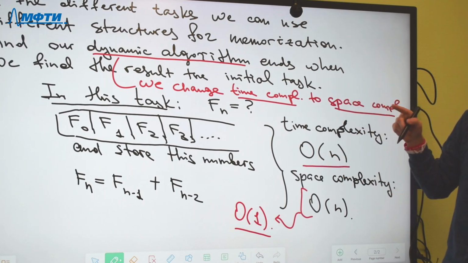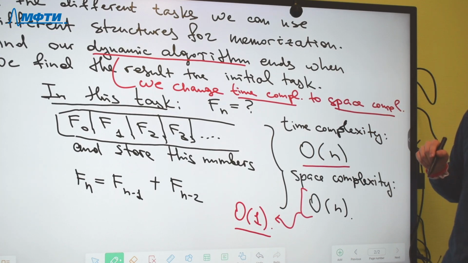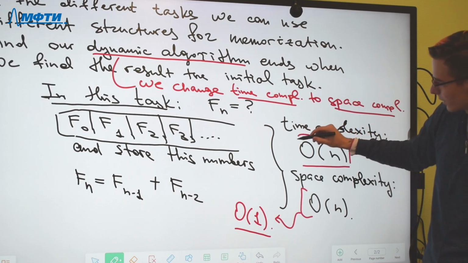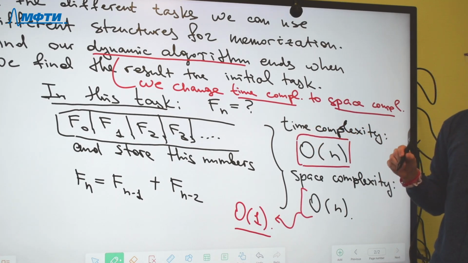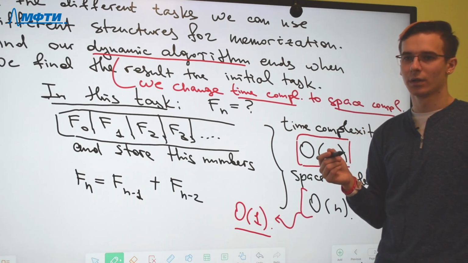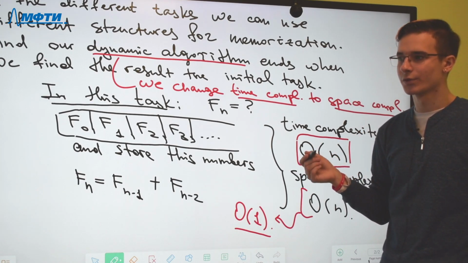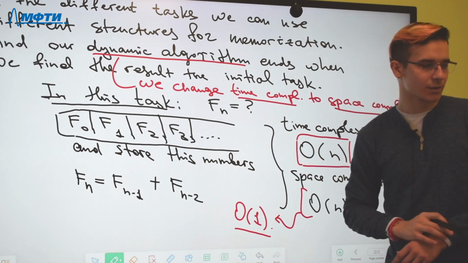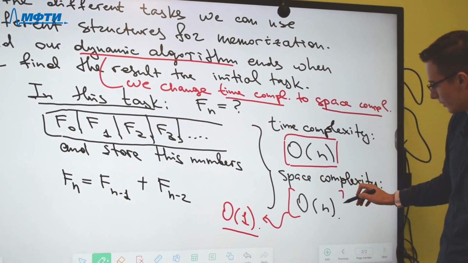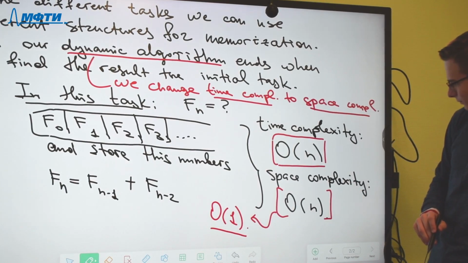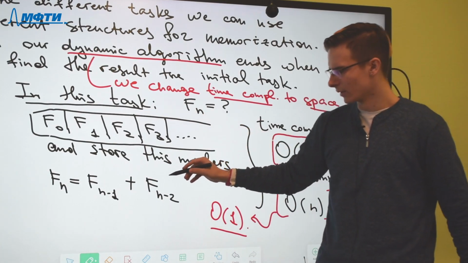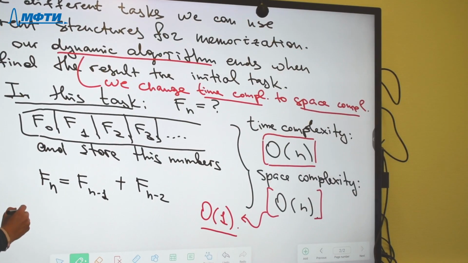But in the next task we see that we can improve the time complexity and get the speed up, but in this way we spend more space to store some data. So in this task you're right that we can avoid storing all of these Fibonacci numbers and store only a pair of two Fibonacci numbers.